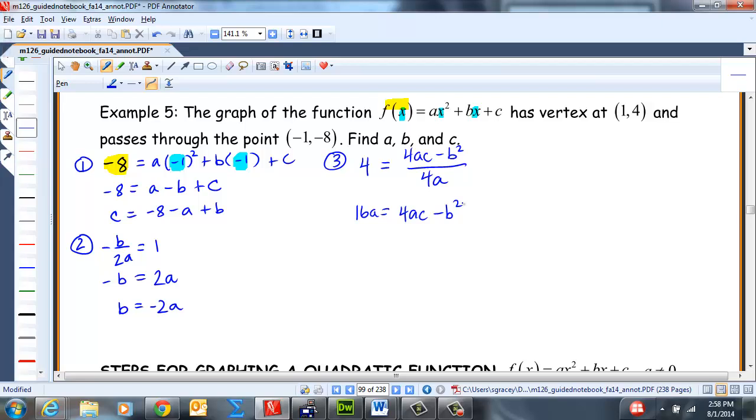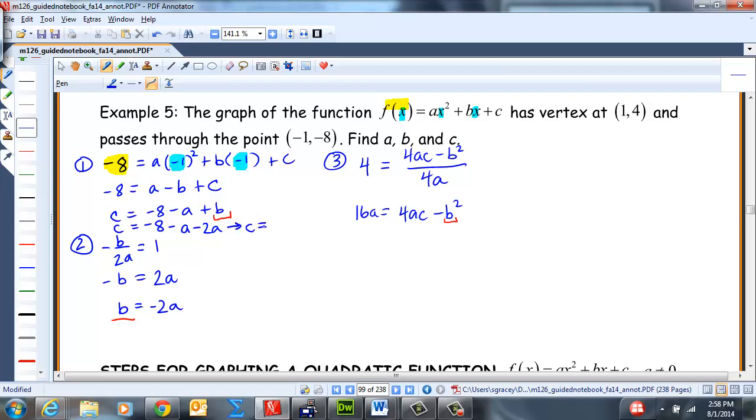We're going to do a couple of things now. Remember what b was. Remember b was equal to -2a. So in for this b squared, I'm going to put -2a. And in for this b, I'm going to put -2a. So I'm going to start up here. c is -8 minus a minus 2a.